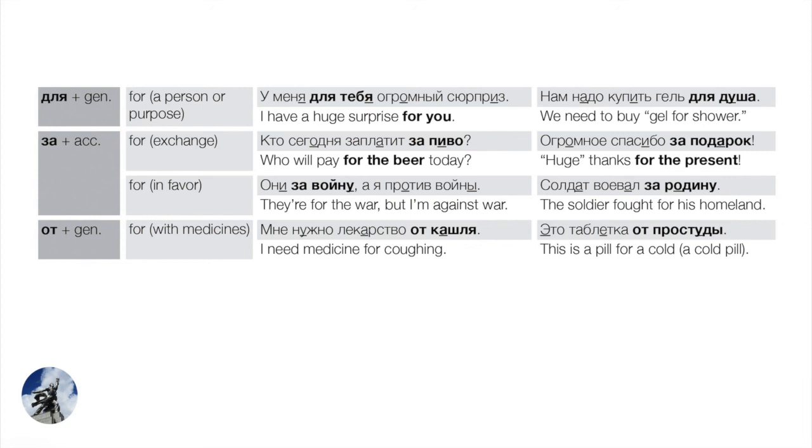I have a huge surprise for you, right? A surprise for you, a present for someone, that kind of idea. Or, for example, нам надо купить гель для душа, a gel for the douche, which means shower. Okay, so that second example is maybe a little bit less useful for beginning conversation, but it's one you'll see quite often.